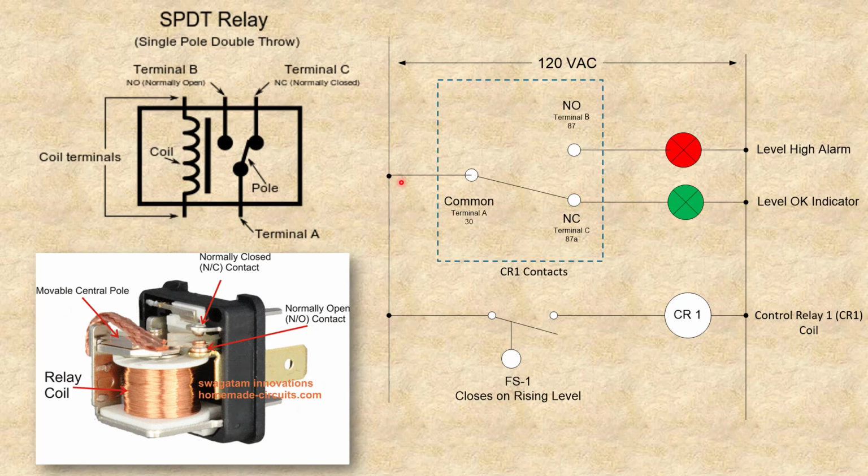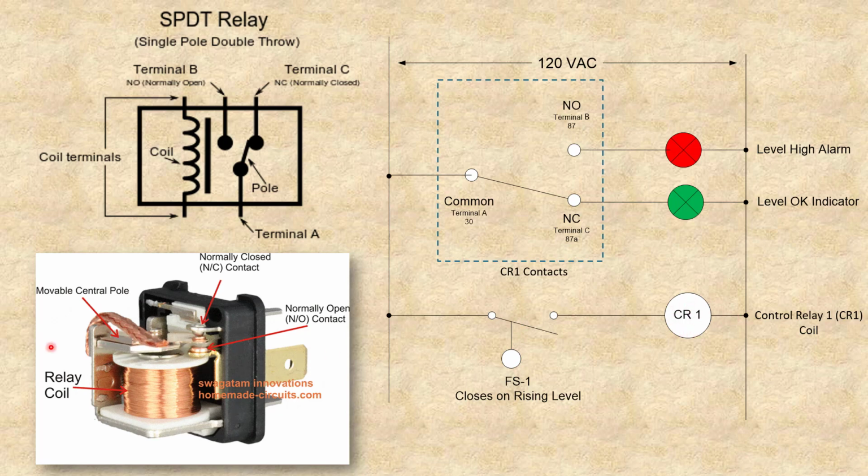So in the normally closed position, current coming from a power source is delivered this way and comes out of the relay to this light, a green light that says level's okay. But if the rising level in that tank becomes excessive, this comes up and will close, and this will energize CR1.